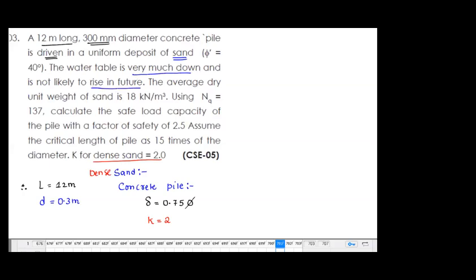So if I draw the pile, let me draw the pile. And apart from this, what is the other data? Nq is mentioned as 137.